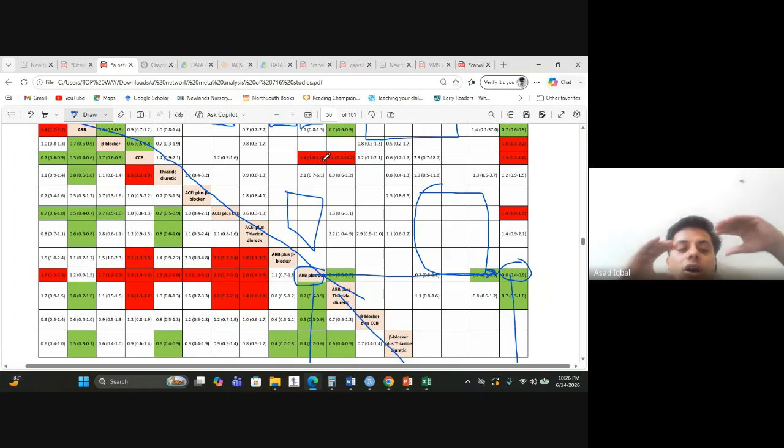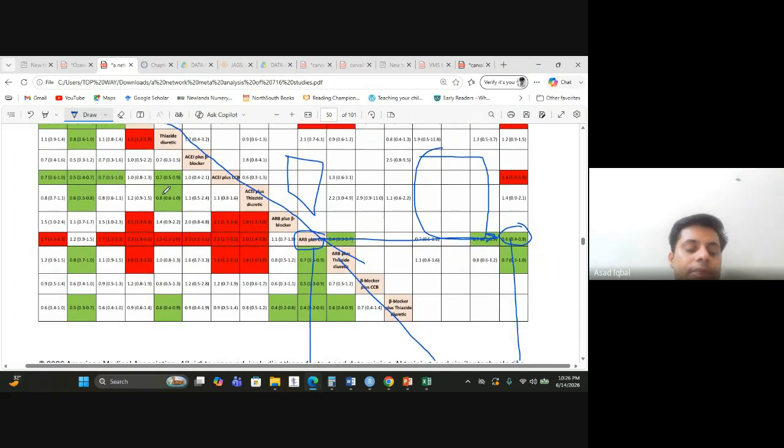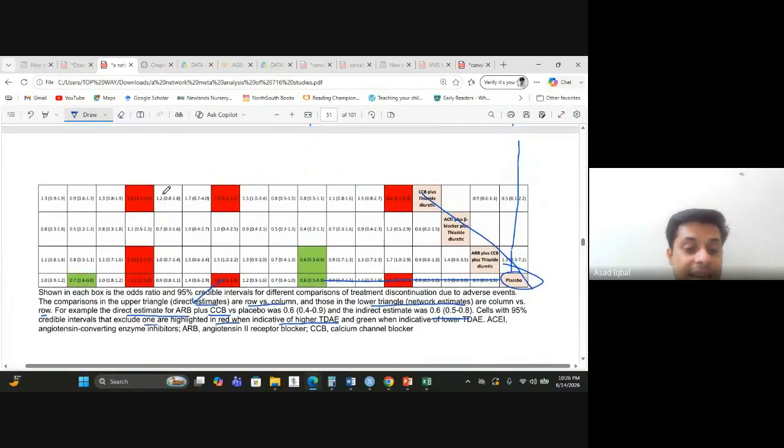While the lower triangle reports both direct plus indirect estimates. So that's why there is no empty cell.